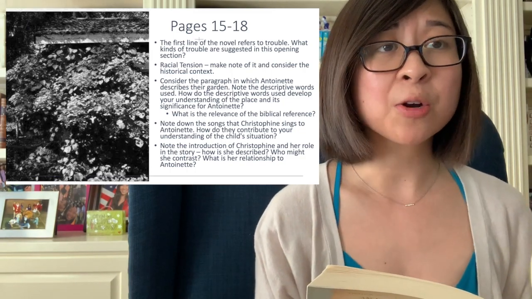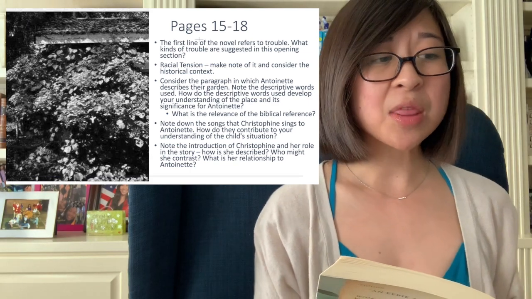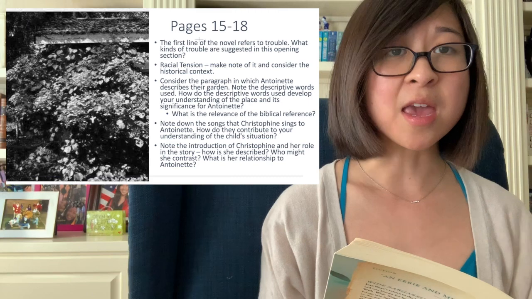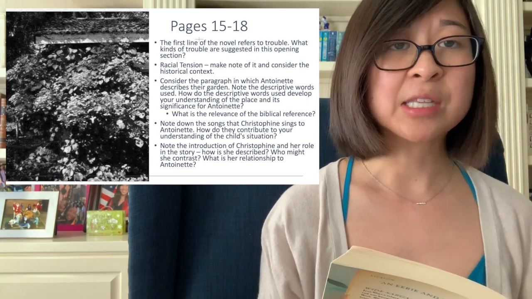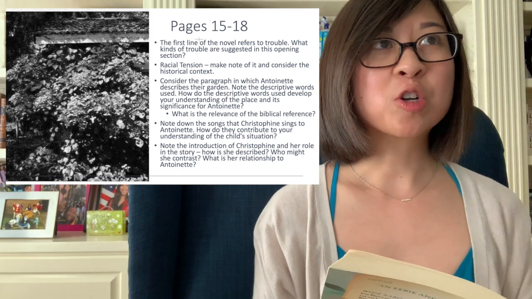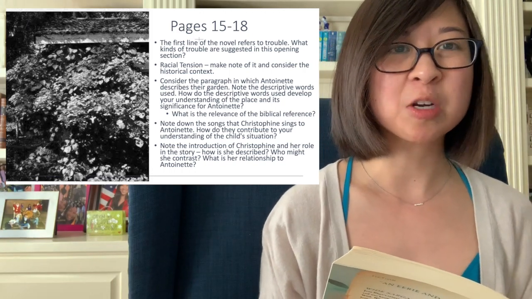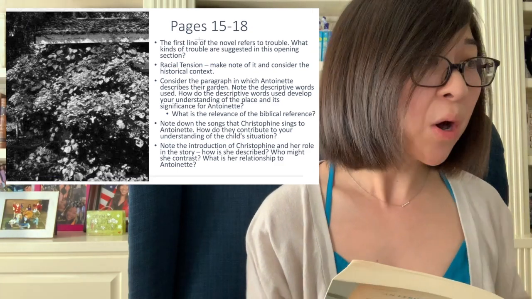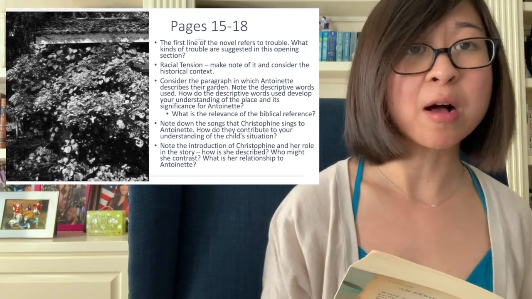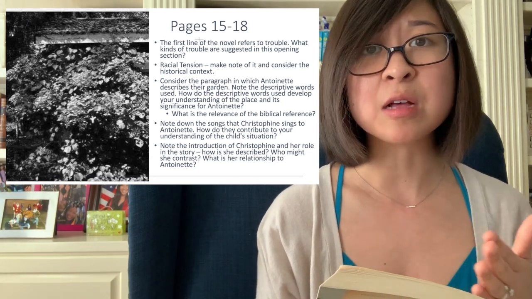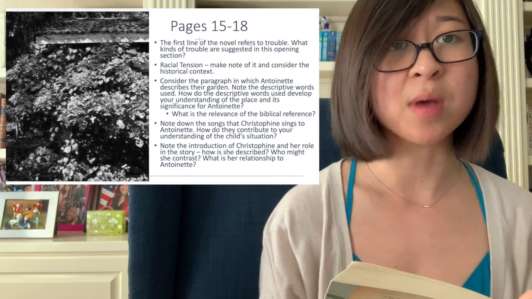Make note of it and consider the historical context. The way that Jean Rhys presents, she is writing from the perspective of a young white Creole. And so there are so many other perspectives to be mindful of, but in terms of this is her perspective, this is how she feels, this is how people are responding to her, both the English colonials, but also the ex-slaves as well as the local Caribbeans and local Jamaicans, right?